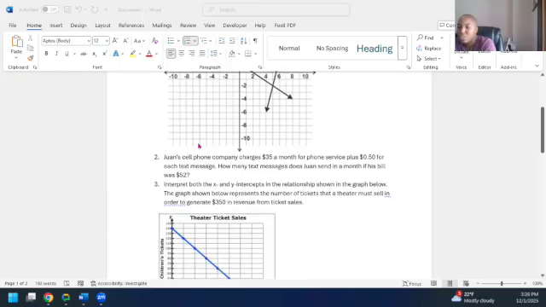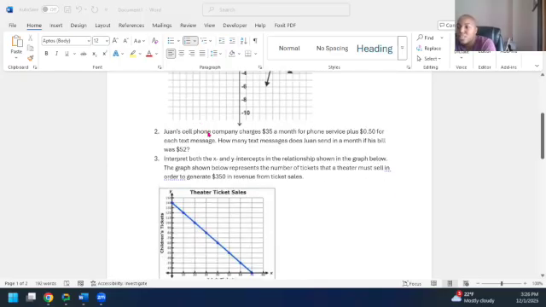All right, let's move on to question 2. Juan's cell phone company charges $35 a month for phone service plus 50 cents for each text message. How many messages does Juan send in a month if his bill was $52? Okay, in order to solve this, we need to create an equation based on Juan's situation, and then we're going to solve it.